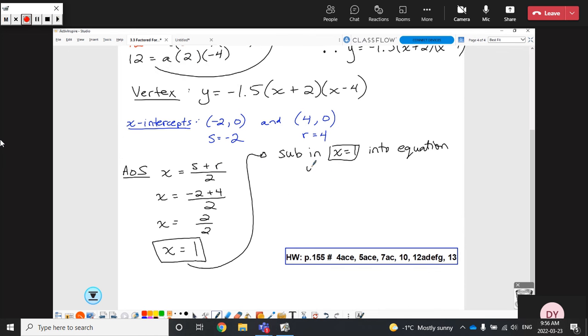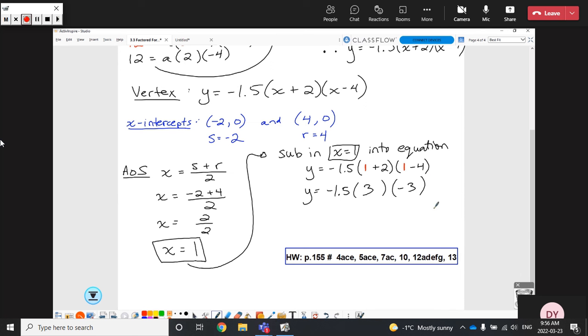So we get y equals negative 1.5 bracket 1 plus 2, 1 minus 4. And when we BEDMAS this, we'll get something like 3 and negative 3. So I'm going to go right to my calculator.